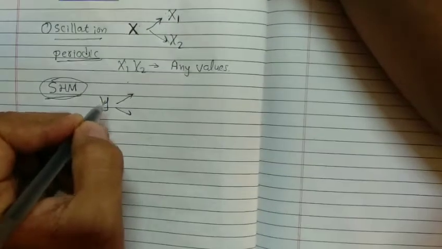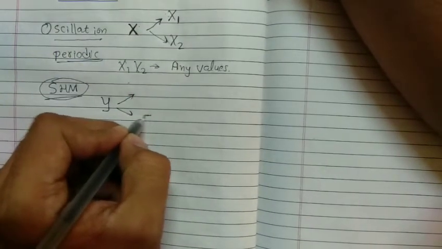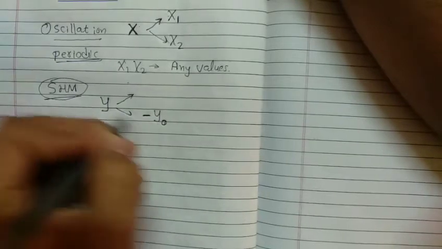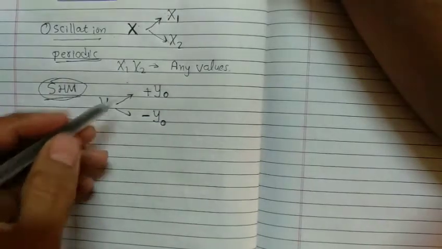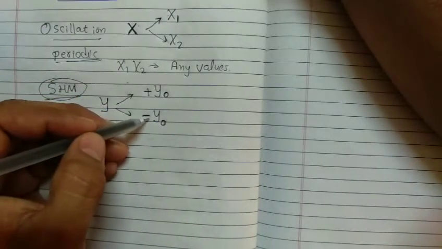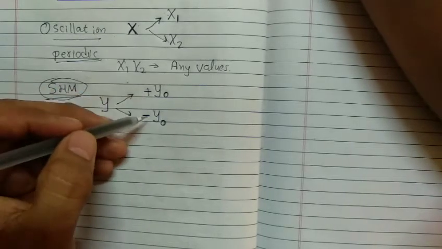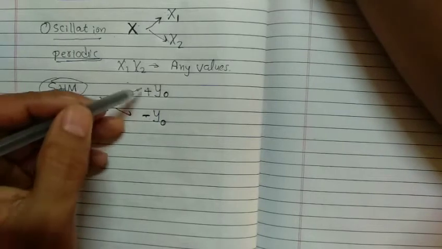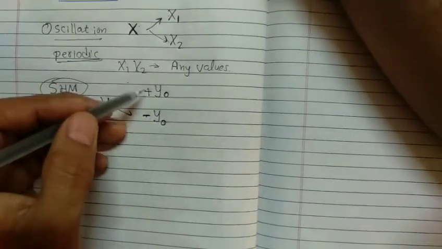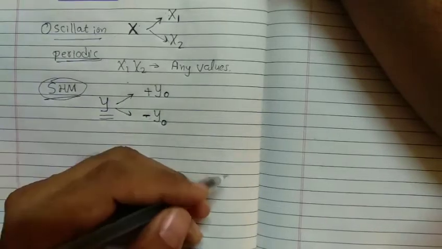If the quantity y is changing between two values such that one value is minus y0 and the other value is equally positive, that is plus y0, one extreme negative and the other extreme positive, then we can say y is performing SHM.